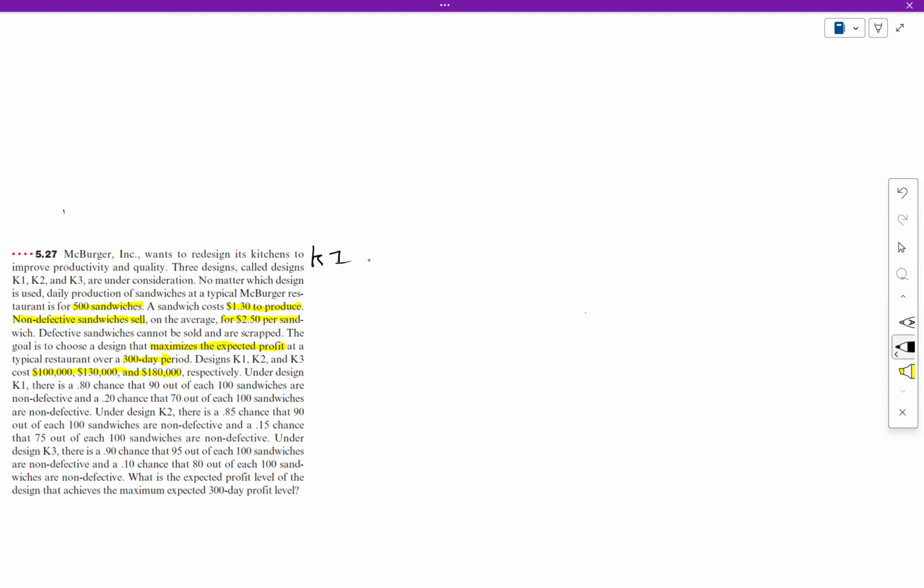There is a 0.8 chance, probabilities are a measure of percentage, so you can say 80% chance, that 90 out of 100 sandwiches are non-defective, meaning they're good.